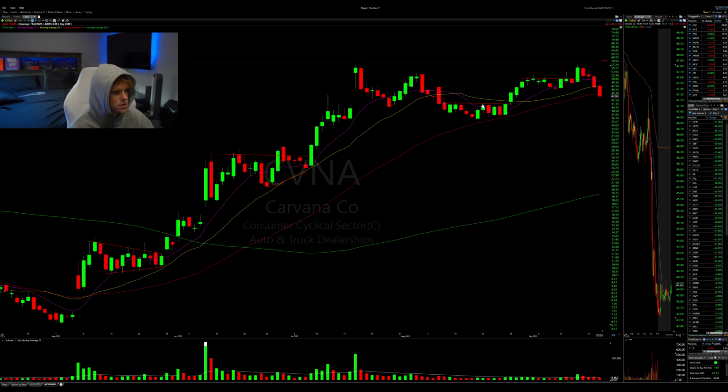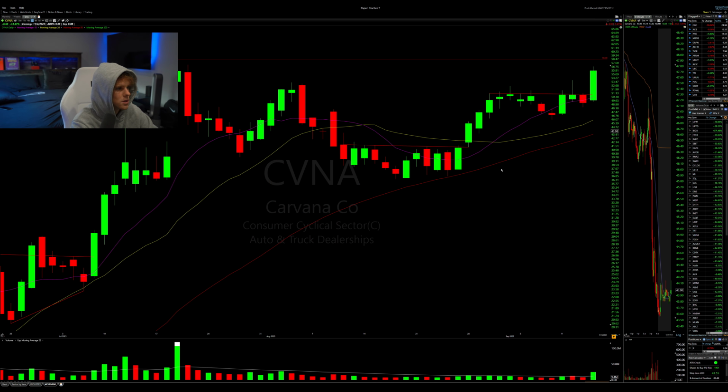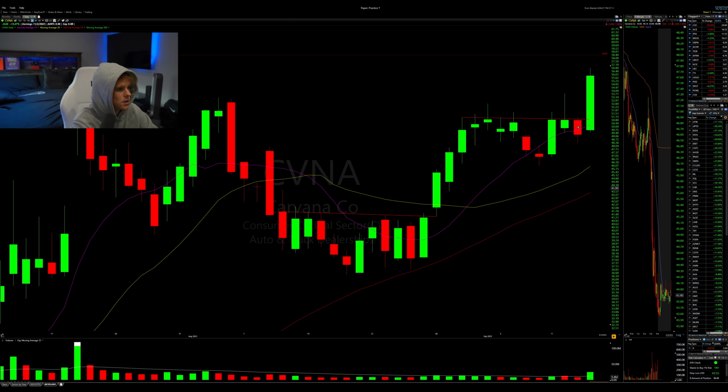So you can see right here, there's a setup right there, which ended up breaking out here and going up a little bit, then setting up right here again. So that was the most recent one. If you guys look at this, we have a 37% move in just a few days. Candles are getting thin, it pulls down to the 10, bounces off the 10, holds the 10 perfectly. Then we have this attempted breakout day.